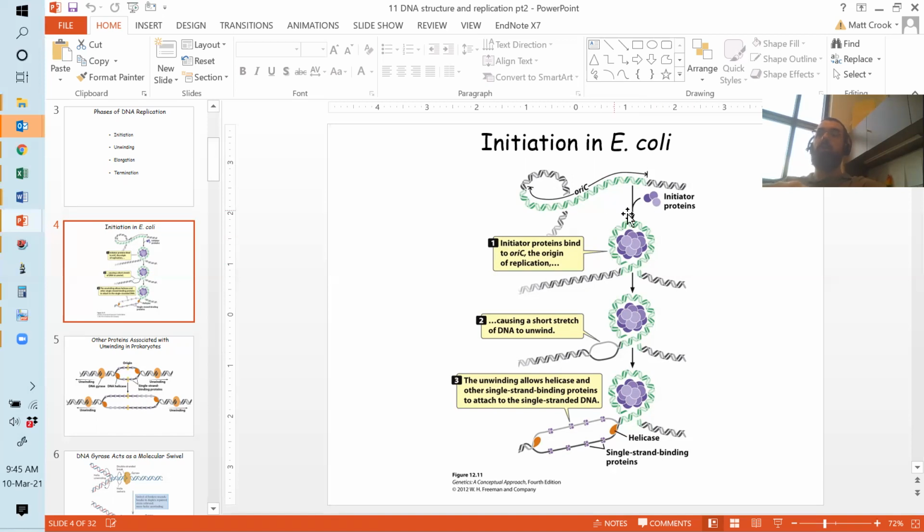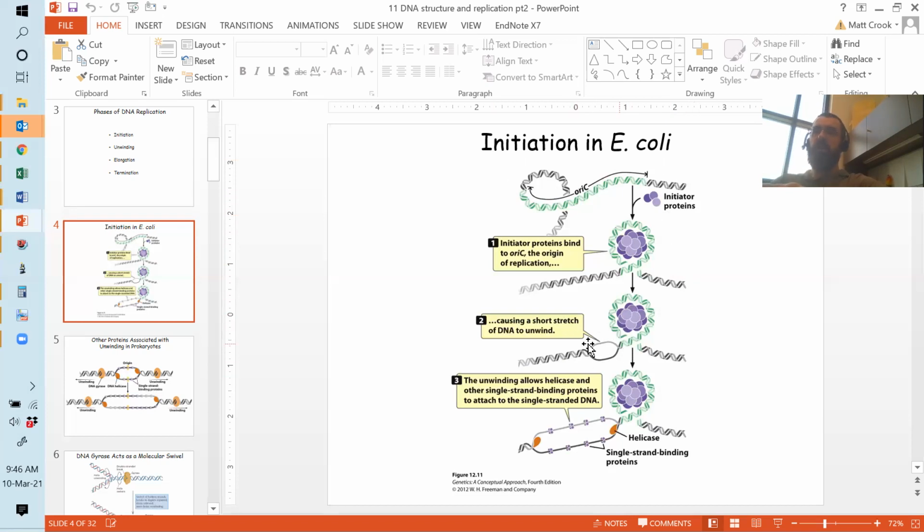That's what these initiator proteins do. They don't do anything other than that. Their job is simply to recognize that origin of replication. These are going to be produced at a certain point in the cell cycle of the bacteria, and that then kicks off the whole process.